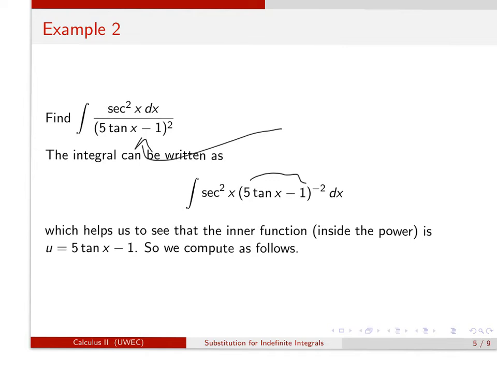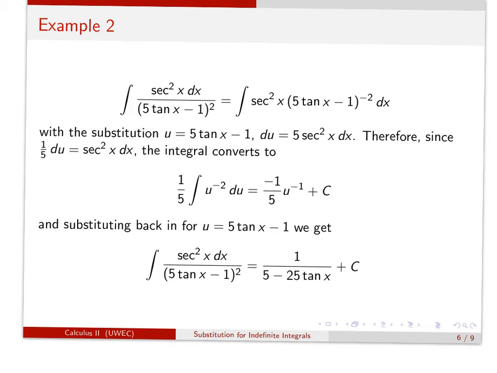So we're going to use u equals 5 tangent of x minus 1 as our substitution. Du, the differential of u, is 5 secant squared of x dx. The derivative of minus 1 is 0. Derivative of tangent of x is secant squared of x. So we get du is 5 secant squared of x dx. So divide by 5 because there's no 5 in the integral that we're looking at. So 1/5 du equals secant squared of x dx.